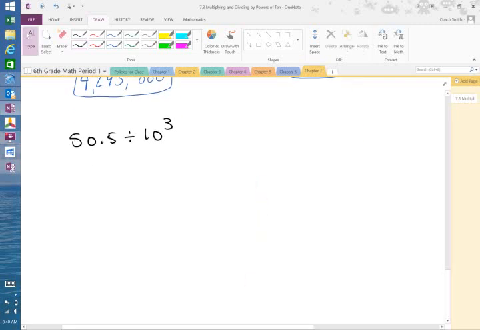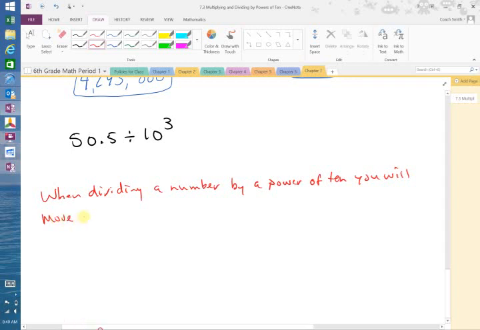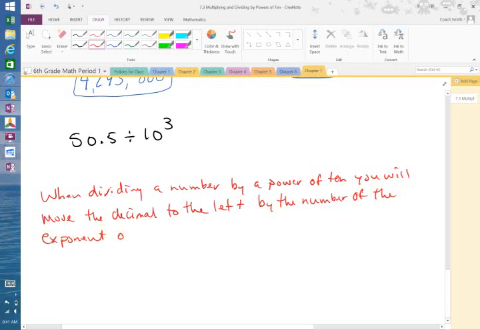The same is true when dividing a number by a power of 10: you will move the decimal to the left by the number of the exponent or zeros in the power of 10.